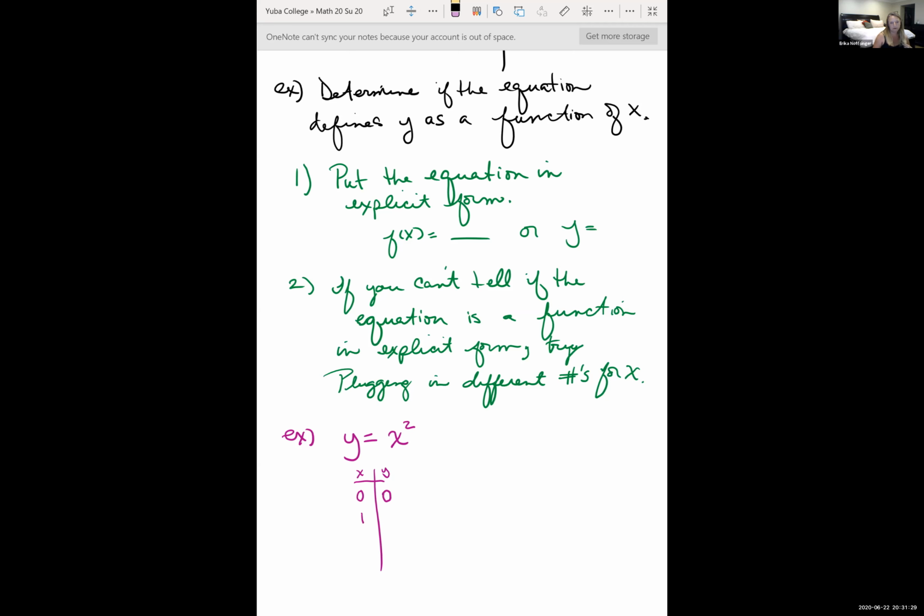If you plug in 1 for x, 1 squared is 1. If I plug in -1 for x, you have to carry the sign: -1 times -1 is +1. It's okay, I get the same y value back from different x values. I'm only getting one y value for every x value I plug in, and so I can tell right away that this is a function.